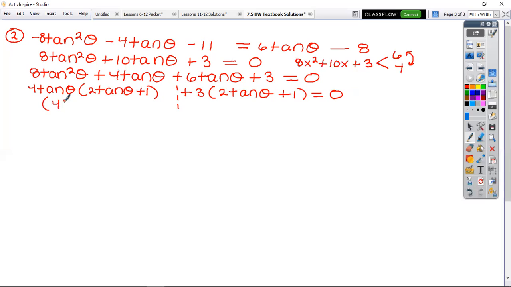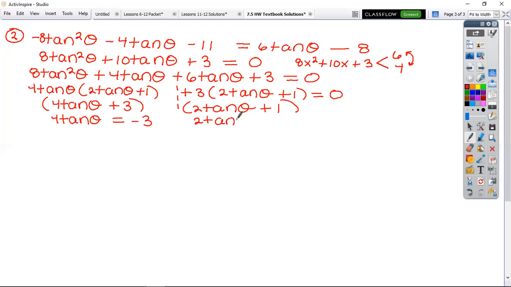So I go 4 tan θ plus 3, and then 2 tan θ plus 1, and then take each case. So this would give me 4 tan θ equals -3. This would give me 2 tan θ equals -1.